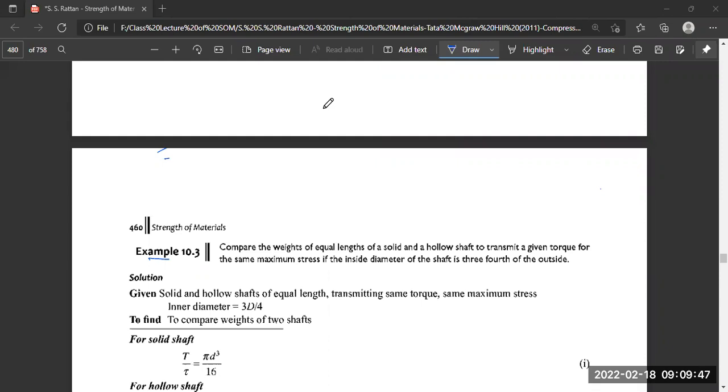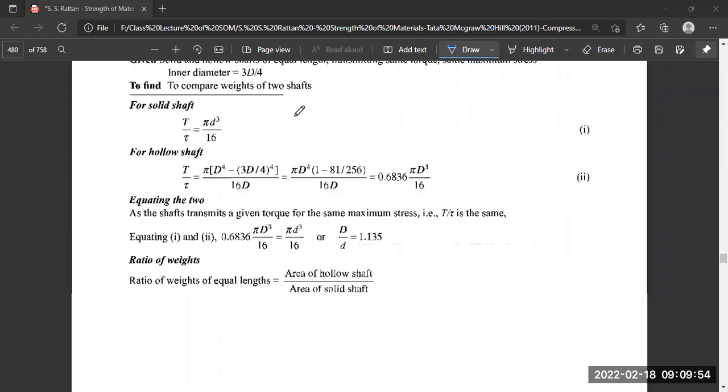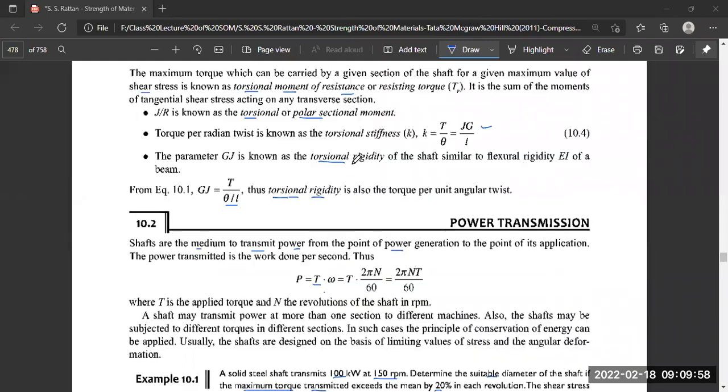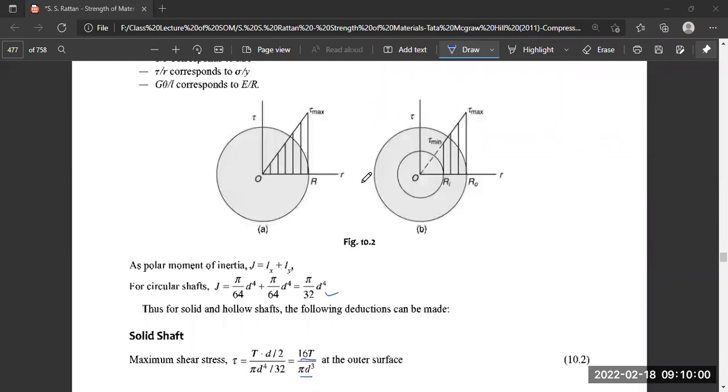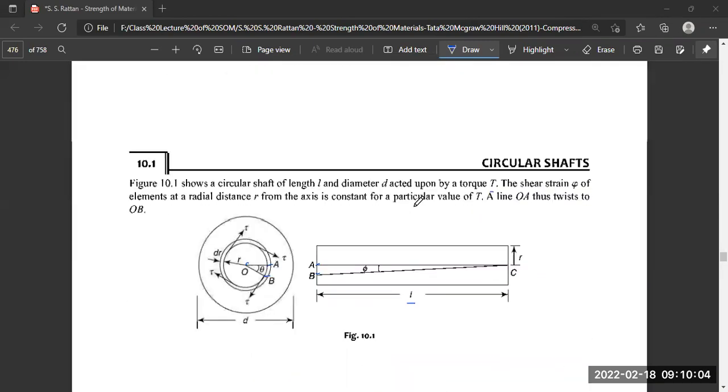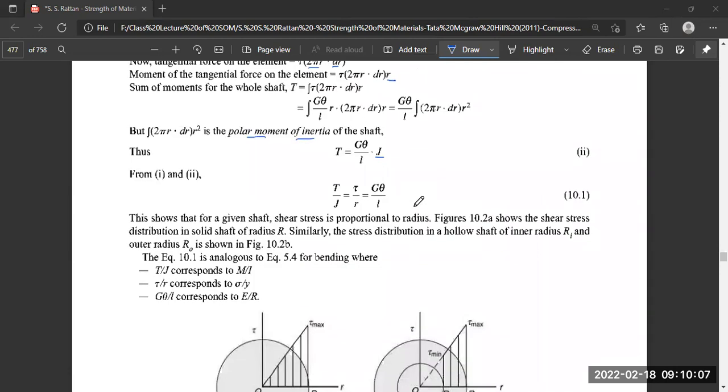And the force induced in the shaft was given by this equation, which is known as the torsional equation. That is the torsional equation.